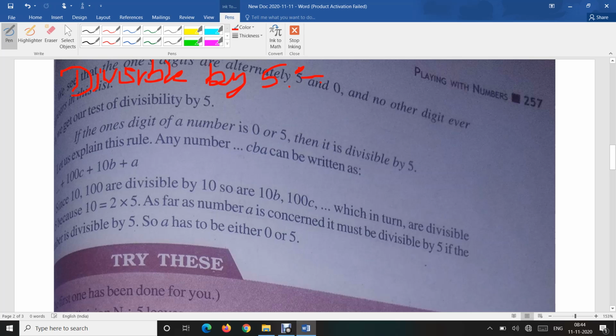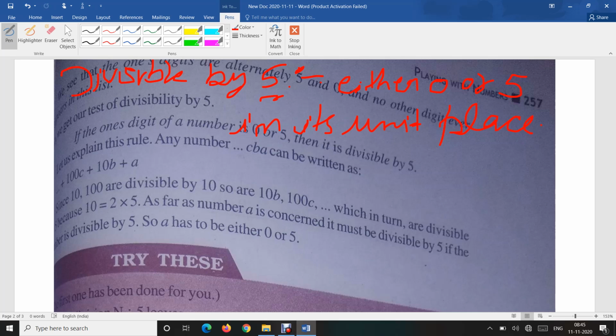For that, a number is divisible by 5 if the number has either 0 or 5 in its unit place. That means if any number carries 0 or 5 at the unit place, then it must be divisible by 5.